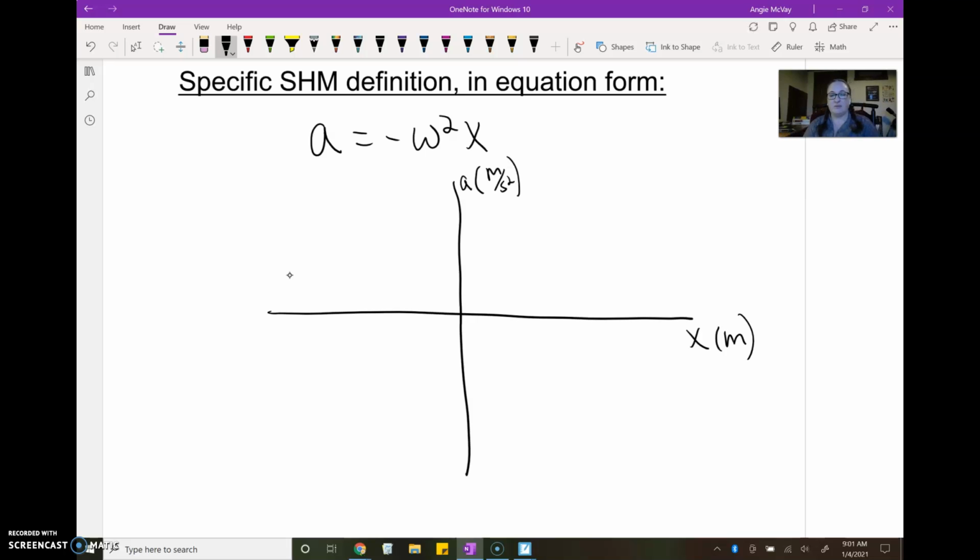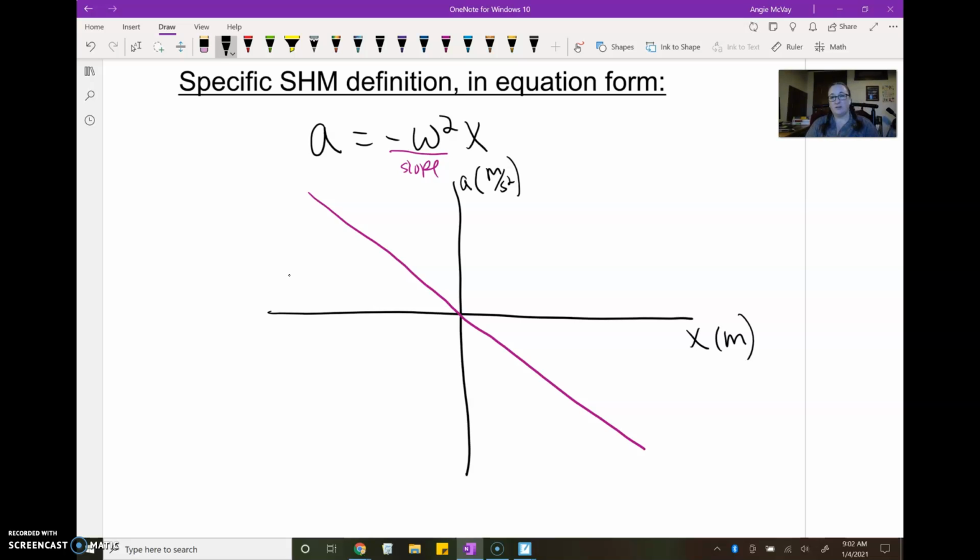What would that graph look like? Well, the relationship between acceleration and displacement is proportional, where this would be the slope. So it would be proportional with a negative slope.